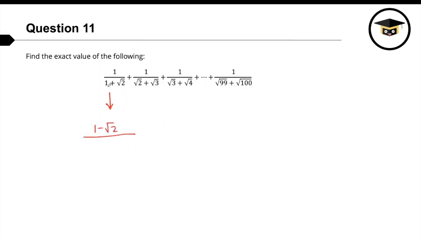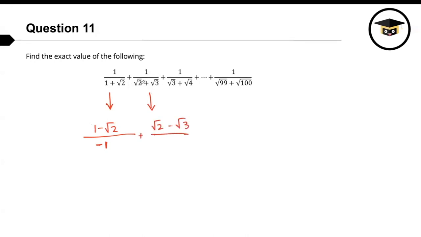On the bottom, I'm going to get 1 squared minus root 2 squared, right? Because I'm going to be getting difference of squares. So I end up with 1 squared minus 2, which is negative 1. This next fraction, if I multiply by the conjugate, it will be root 2 minus root 3. So I'm going to be getting root 2 minus root 3.